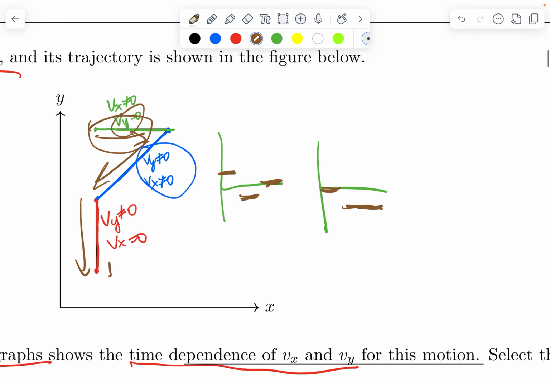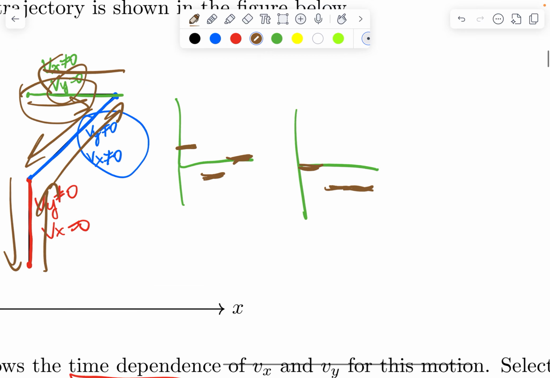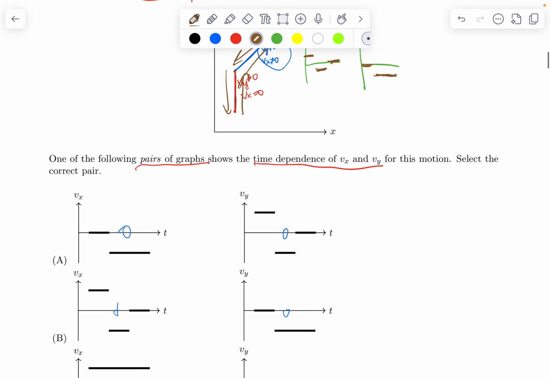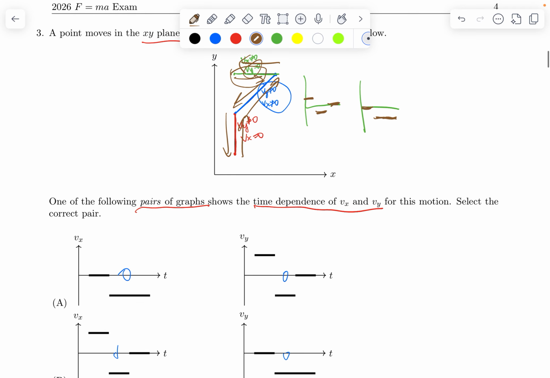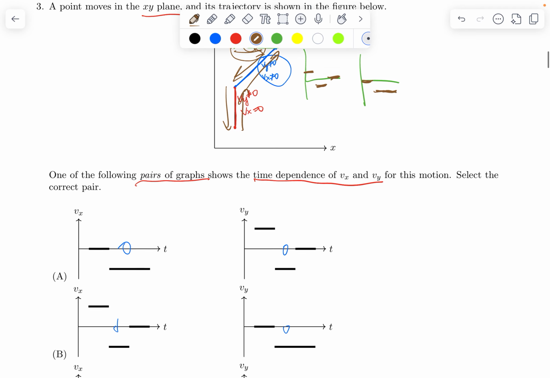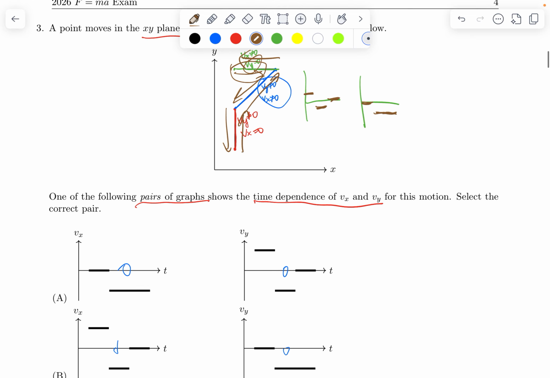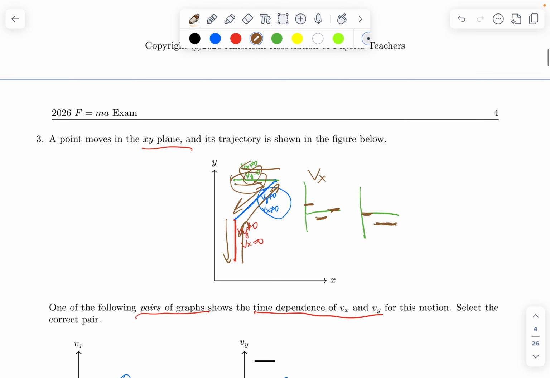So let's say if we go the opposite way, then these graphs will just be flipped. So let's see if there's any graph like this. Okay. So remember, this is Vx, right? And this is Vy, because Vy always goes down like this.